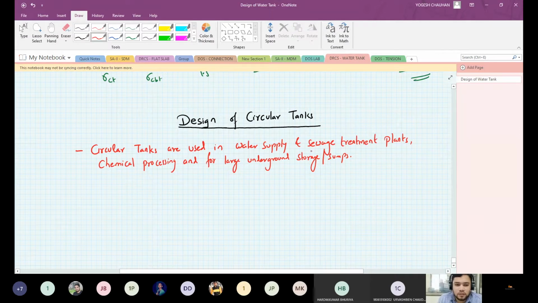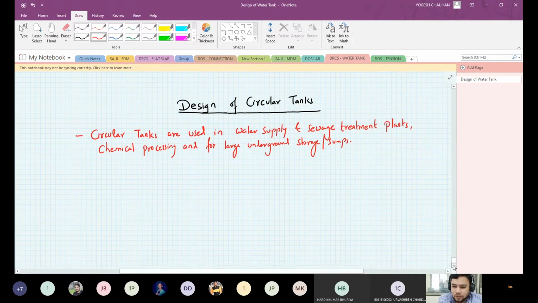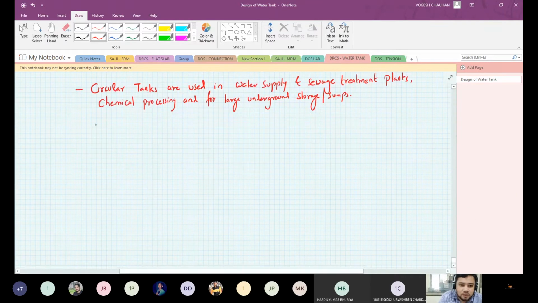The circular tanks are economical compared to other shapes because the perimeter of the circular tank is least compared to the other shapes.